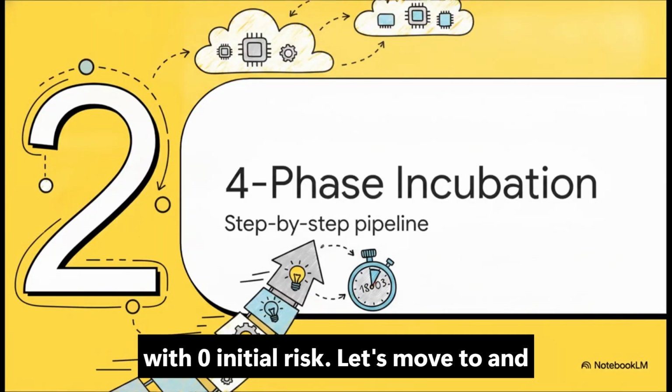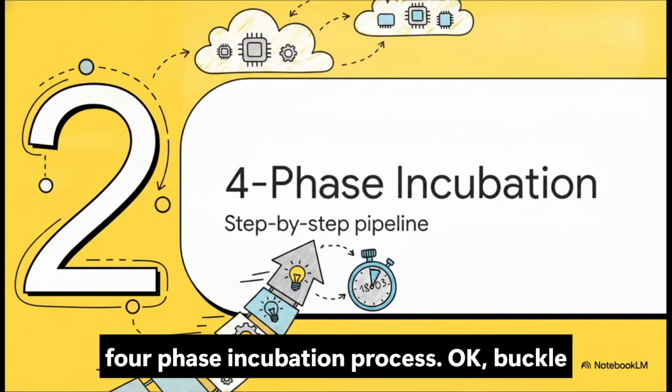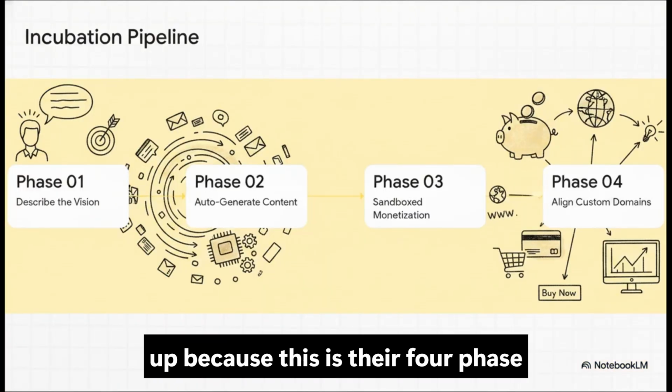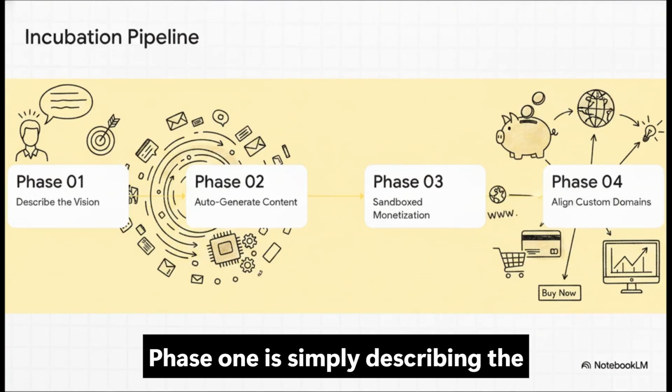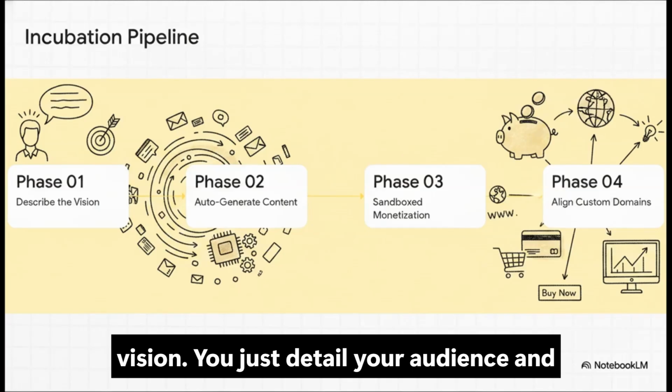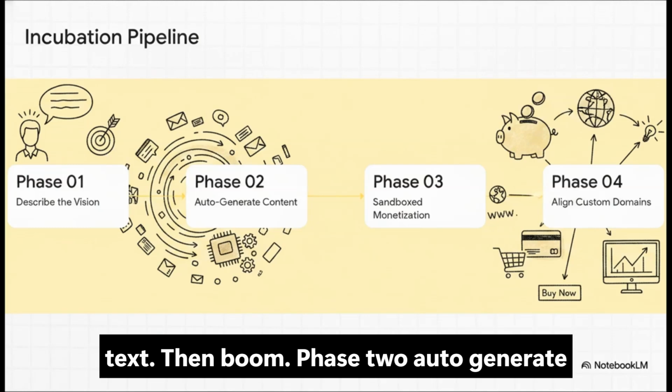Let's move on and see how this builds with Section 2, the 4-phase incubation process. Okay, buckle up because this is their 4-phase incubation pipeline and it moves fast. Phase 1 is simply describing the vision. You just detail your audience and pricing in normal, everyday conversational text. Then, boom, Phase 2, auto-generate content.